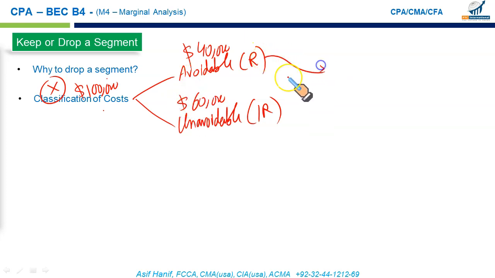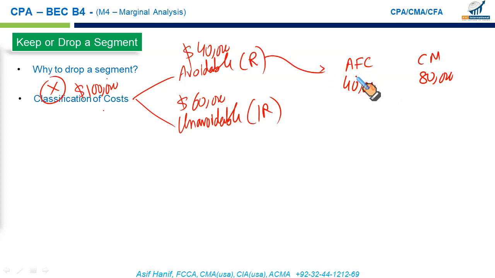Compare the avoidable fixed cost with the contribution margin that is generated by X. Now let's say the contribution margin that will be lost if we discontinue segment X is $80,000 and the avoidable fixed cost is $40,000.